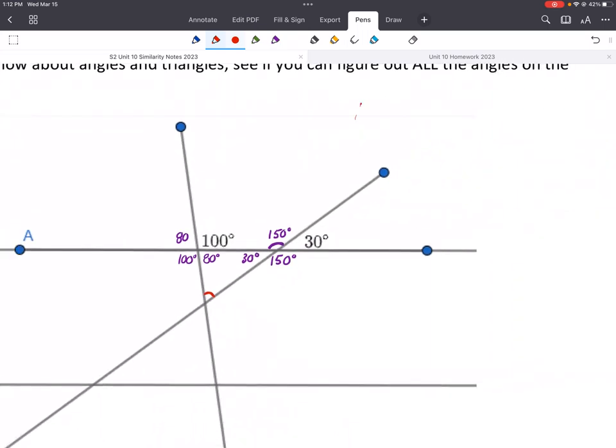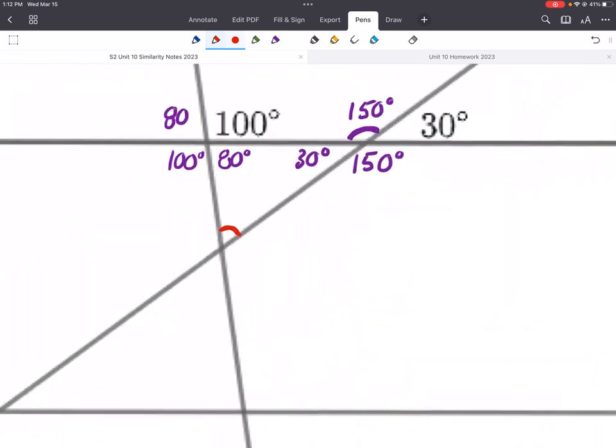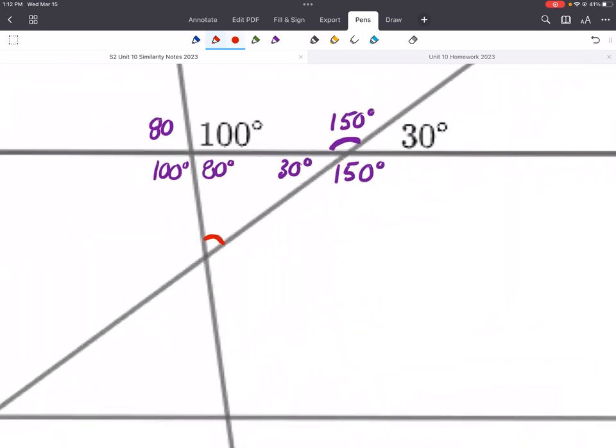So triangles, if we add the angles of a triangle, what do we get? If we add all the angles of a triangle, we get 180 degrees. So the angles of a triangle add up to 180. We can use that to find this missing angle.